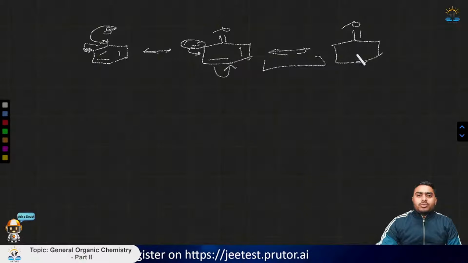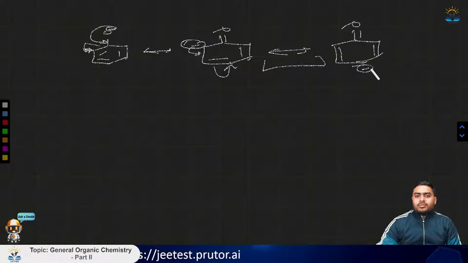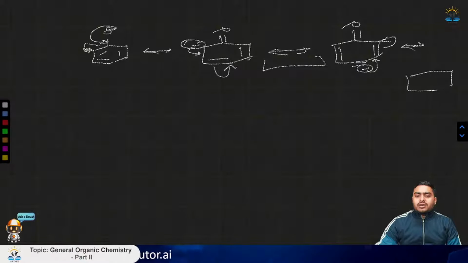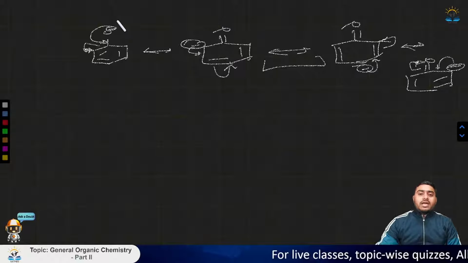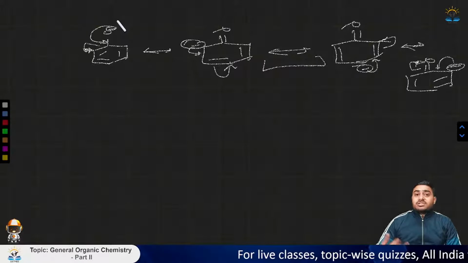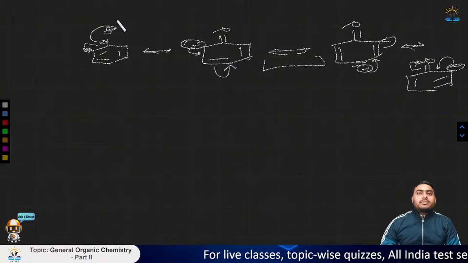Here there should be a double bond O, then this should be negative. Similarly, the next step will be like this, with a double bond O, and again you will get the first structure. So these are resonating structures. The negative charge present on the oxygen atom moves around and again returns to the oxygen atom after some time. That means it becomes stable.